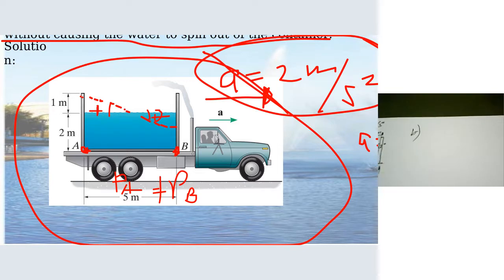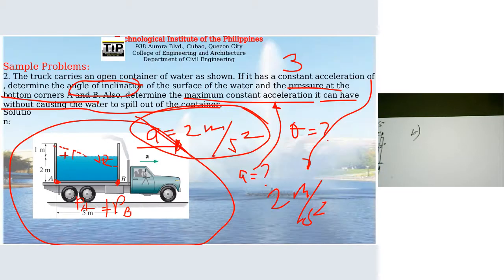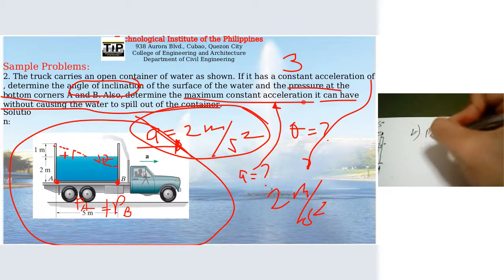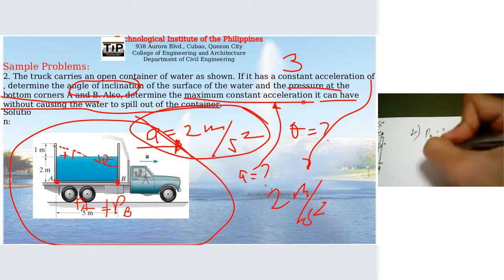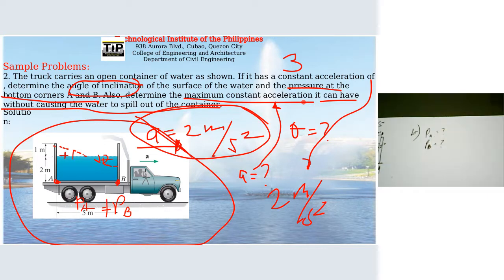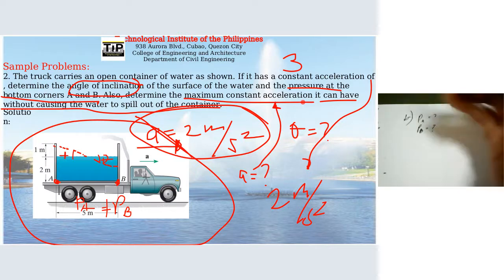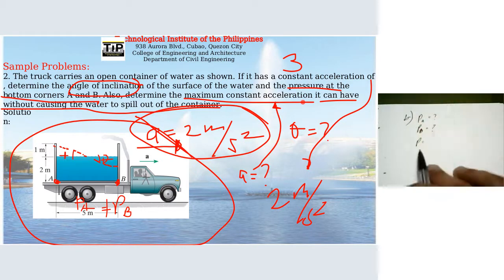Now, next, we have to determine the pressure at the bottom corners A and B. So, how can we solve for the pressure?